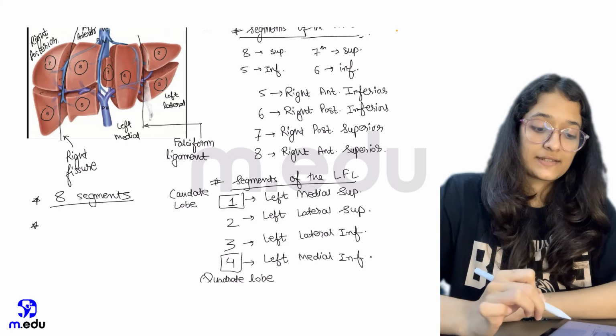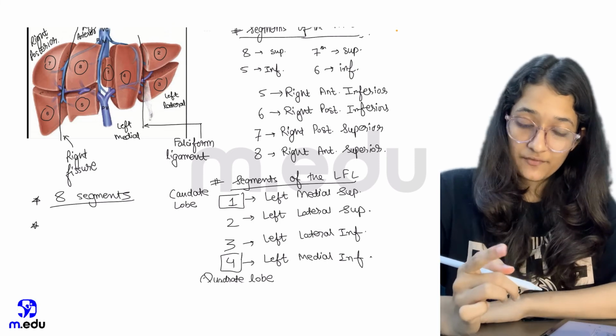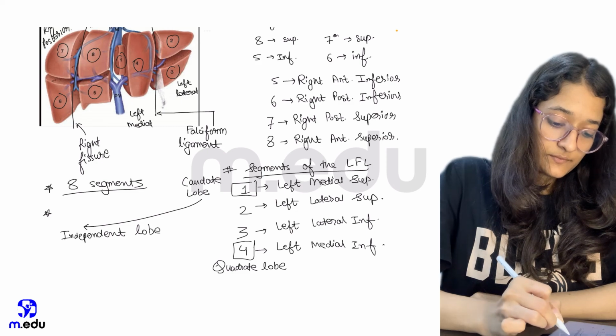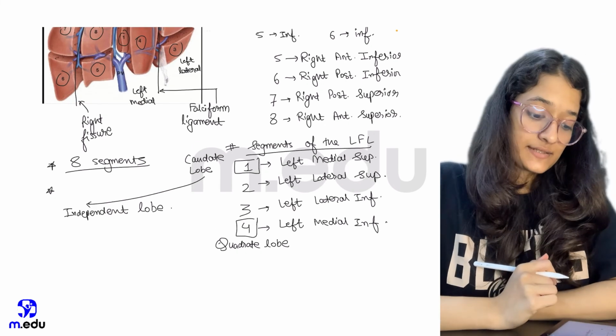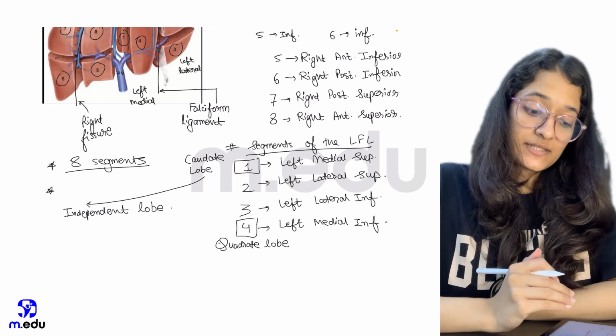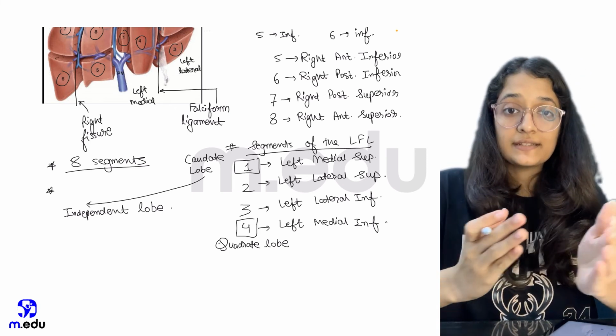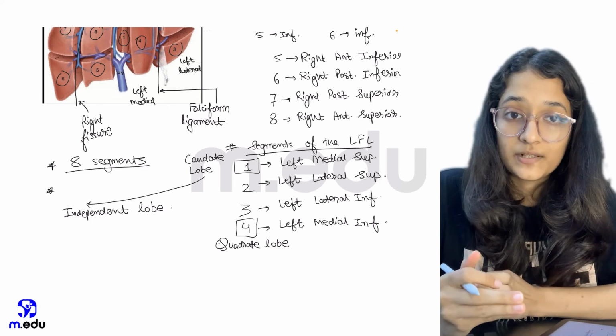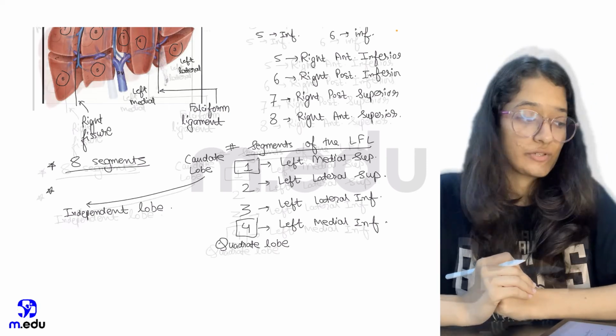No, it is an independent lobe, as I've told you earlier. Since it is an independent lobe, the blood supply will be from both the right and the left hepatic arteries, whereas the quadrate lobe will have its blood supply only from the left hepatic artery.